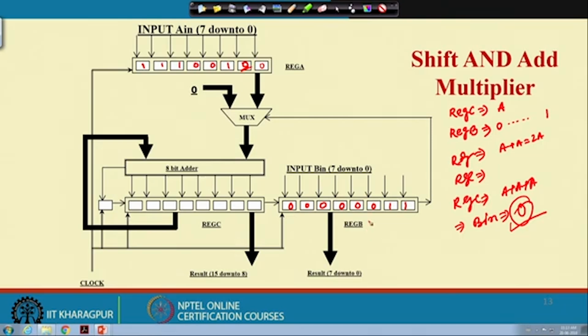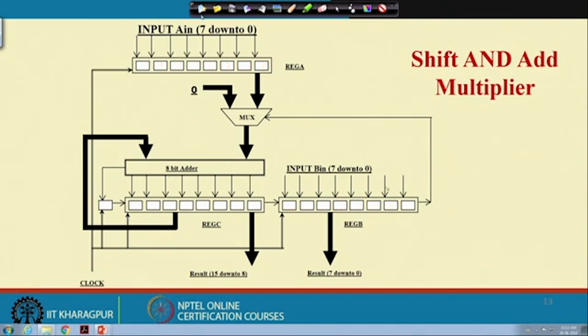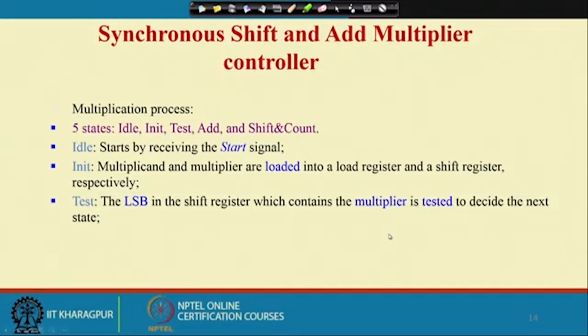Okay. So, it will be better if you choose your own particular numbers over here, and then try to calculate the corresponding multiplication operation. Okay.